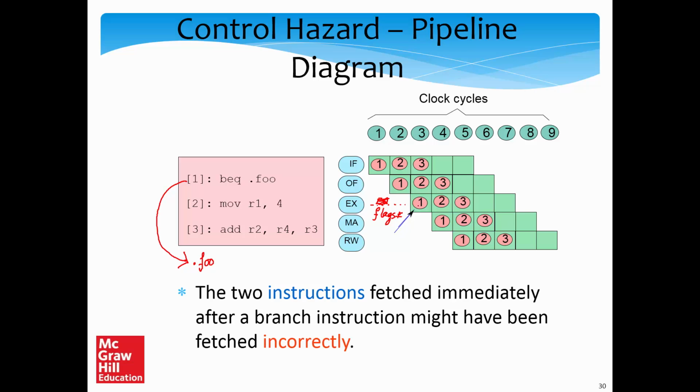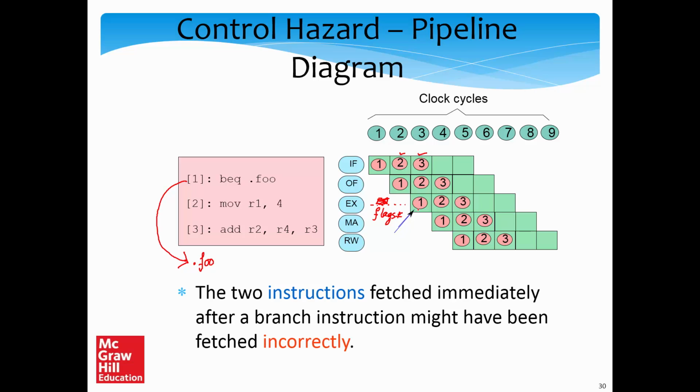So the problem that happens is that at this point, if the branch is taken, then instructions 2 and 3 were fetched incorrectly. Because in the second cycle, when instruction 1 was in the OF stage, instruction 2 got fetched, so it entered the IF stage.